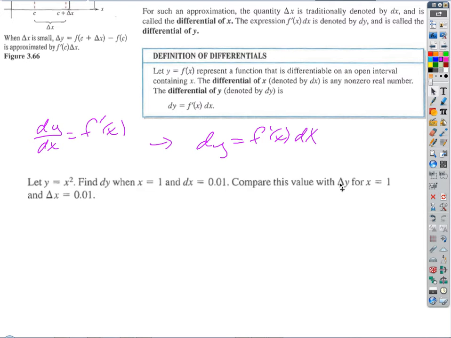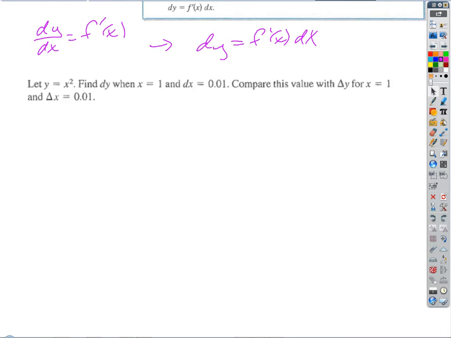Okay, so let's try this. Let's just show that this works, and it's really simple. So if we've got some function y equals x squared, and we want to find the approximate change in the function when x is 1, and we're going to nudge x by 0.01. So that's dx. All right, well that's easy, right? We know that the differential dy just equals f prime of x dx. Well, what's our function? x squared.